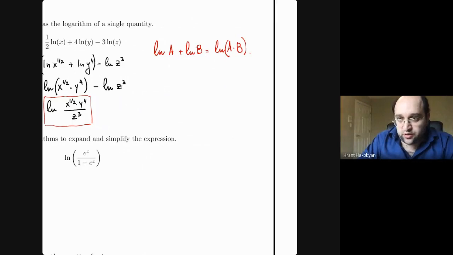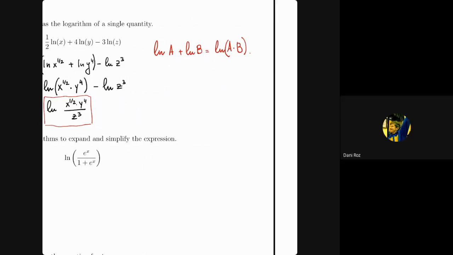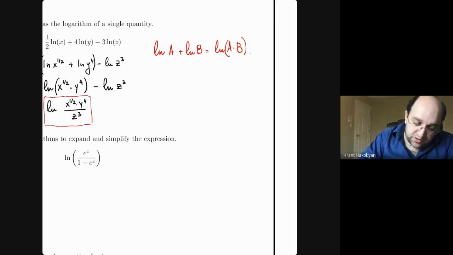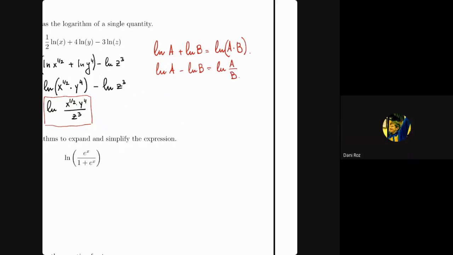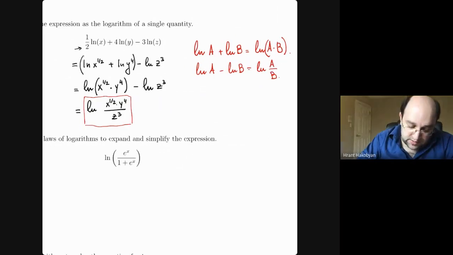Does that answer your question? Similarly, I have logarithm of a minus logarithm of b is logarithm of a divided by b. So that's why I don't have the minus sign either.